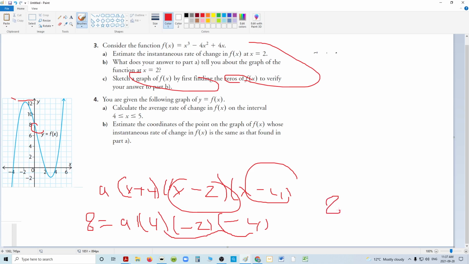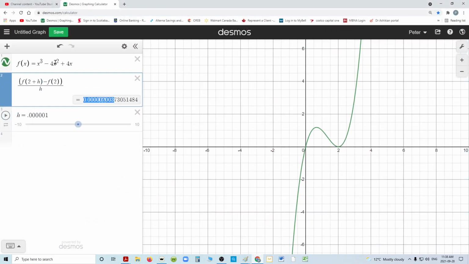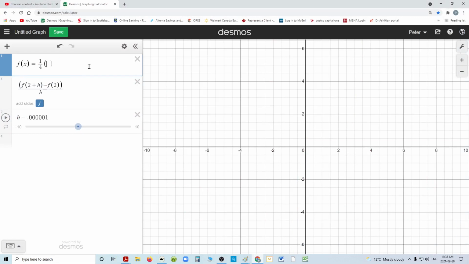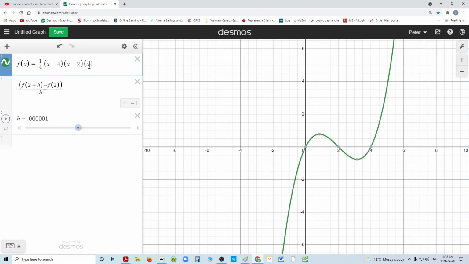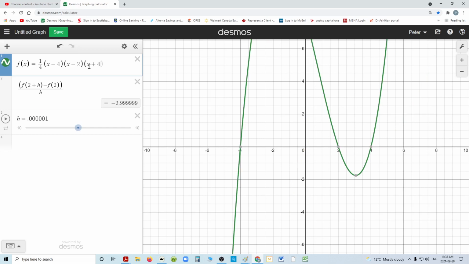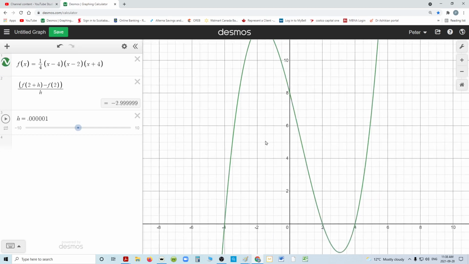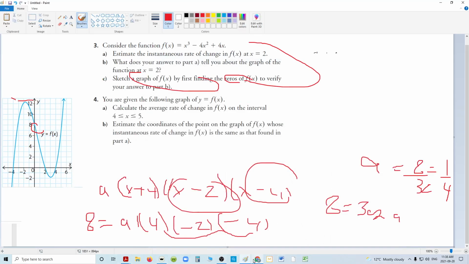So that means 8 is equal to 32a, which means a is equal to 8 divided by 32, which is the same as 1 over 4. Which means I can now come up with this graph: 1 over 4, x minus 4, x minus 2, x plus 4, and sure enough, I have the graph in the book now.